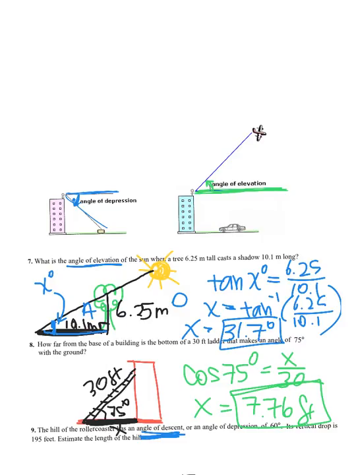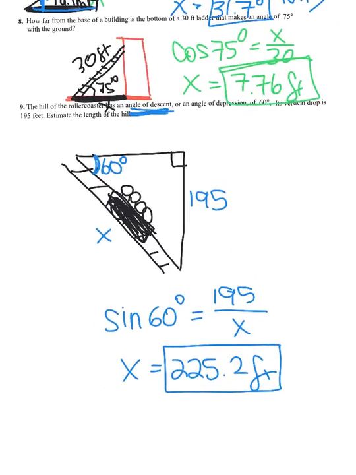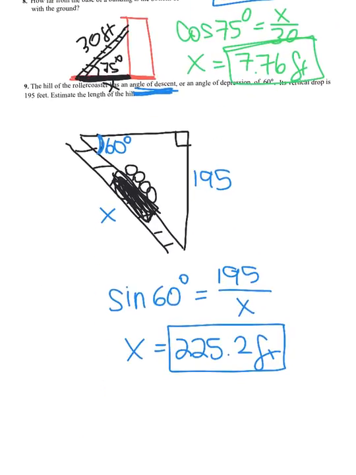All right, if you're done with number 9, go ahead and check your answer with mine. And my final answer was 225.2 feet. Okay, so there's my picture. I have my roller coaster. Angle of depression is 60. So remember, always start from the horizontal. And then we're going to go downward 60 degrees.